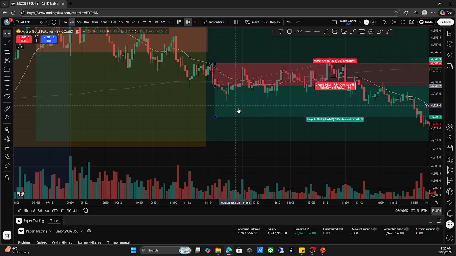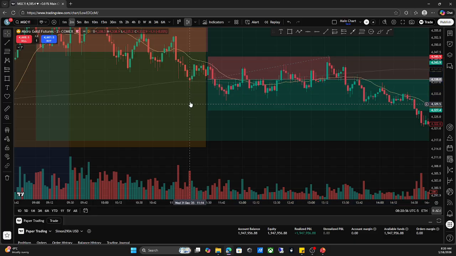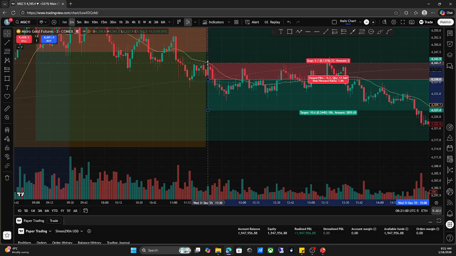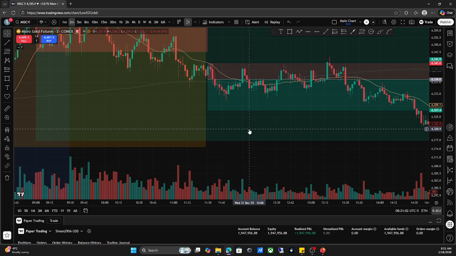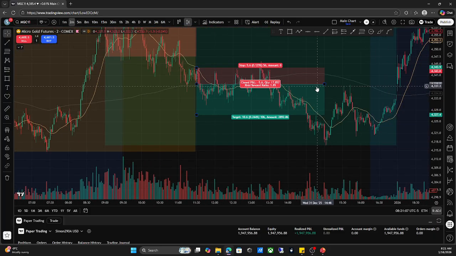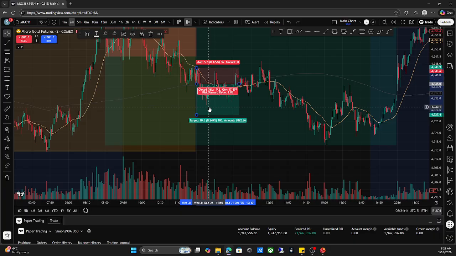Engulfing. Yeah, actually I would have entered here. You entered there to be here. So let's see if I would have waited until over 1.8.